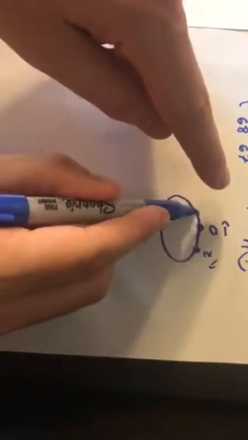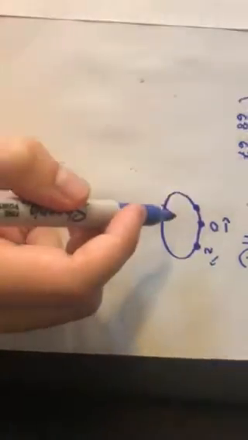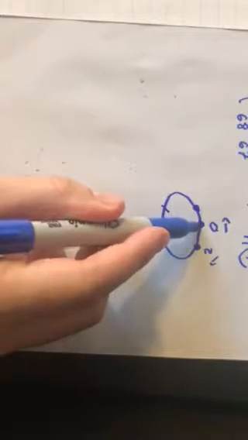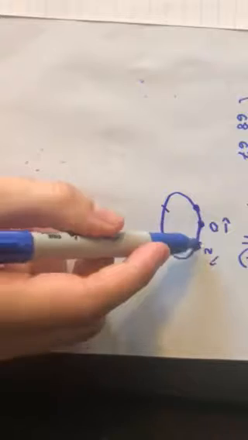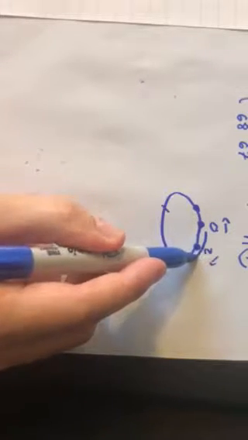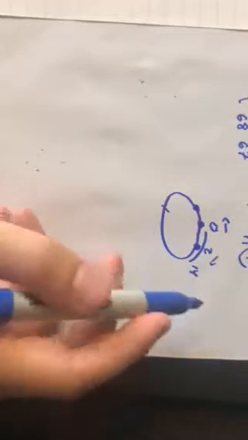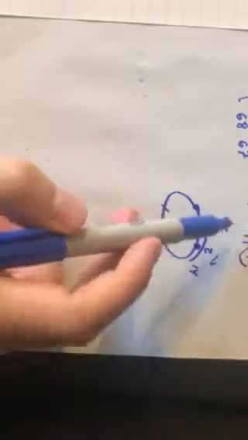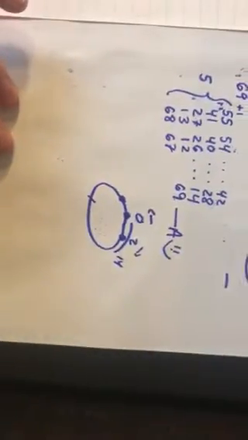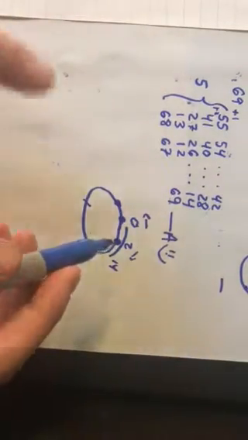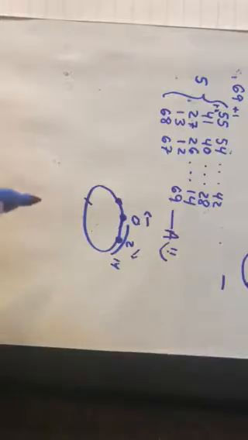This guy's only going to make it over here. And that's going to happen when this guy doesn't make it back to 69. So he's not going to make it back to 69 if he's between 0 and 14, or at 14 he'll make it exactly back right here. So you know that he will pass him twice unless he's between 0 and 14.